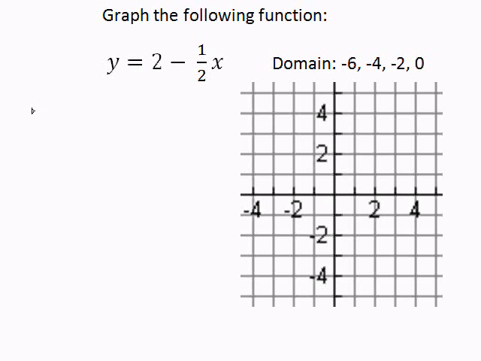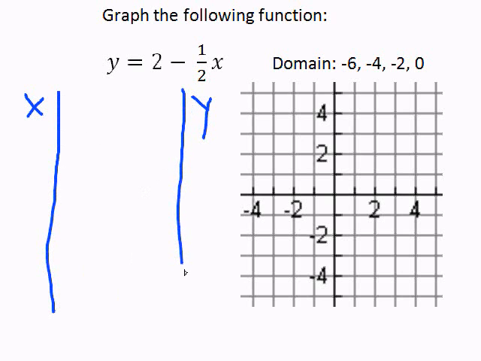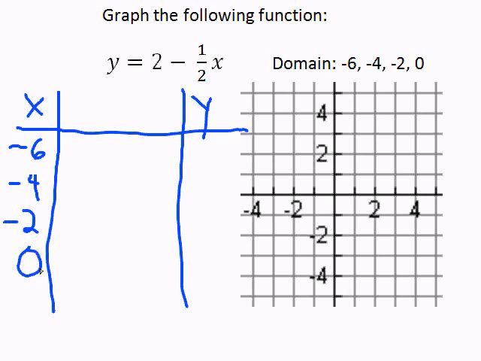Okay, I'm going to go ahead and start the same way as I did last time. I'm going to make an XY table, and I'm going to put a process column in the middle to help me neatly keep track of my work. So let's copy down our domain: -6, -4, -2, and 0.